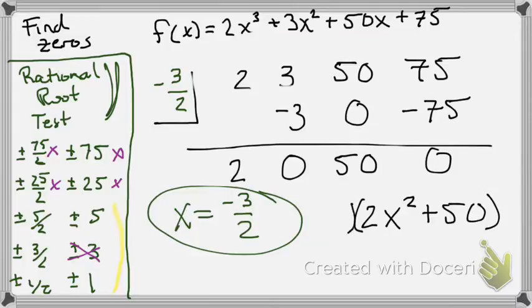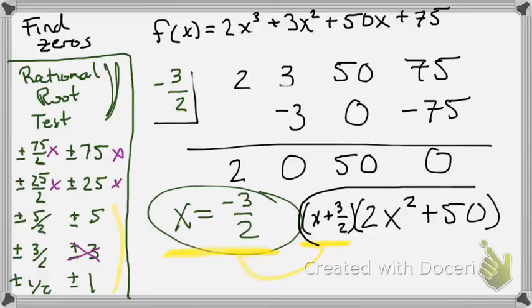And then that would actually be multiplied by the x plus 3 halves, because the x equals -3 halves here means that that's our linear factor there. And so we really reduced f of x to be all of this there.